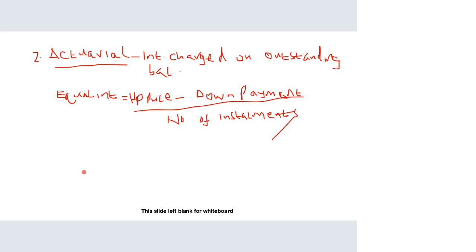So if we look at an example, assume that an asset is acquired on the following terms. The cash price is 9,000.